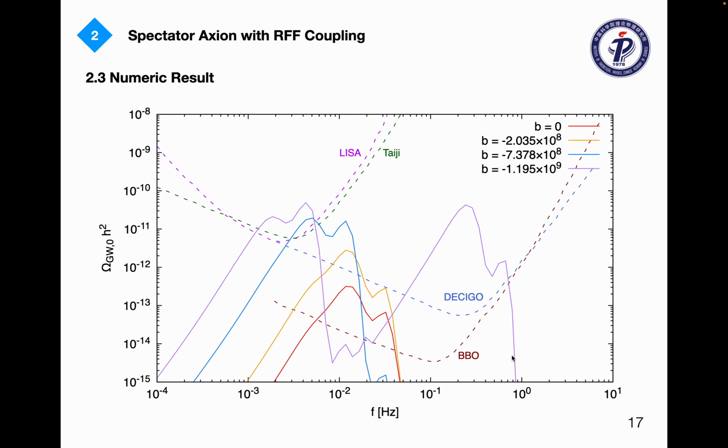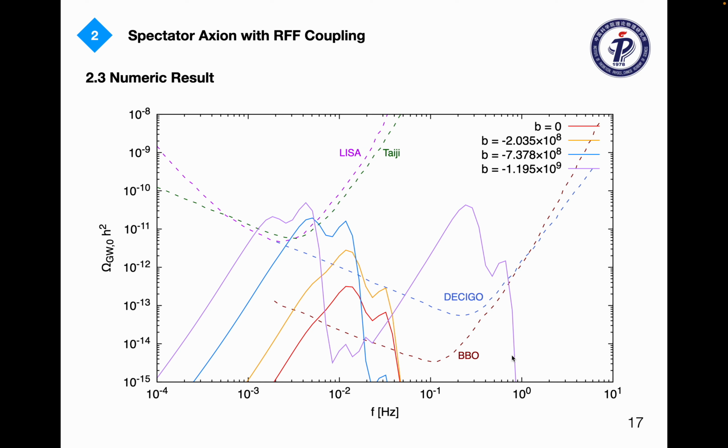And this is the gravitational waves computed from our models, and again the coupling constant is from weak to strong. We find that as the coupling constant gets stronger, the gravitational waves are also exponentially enhanced.